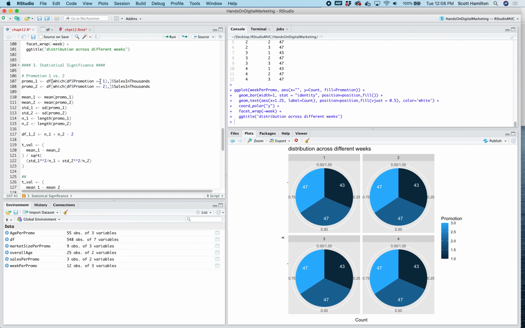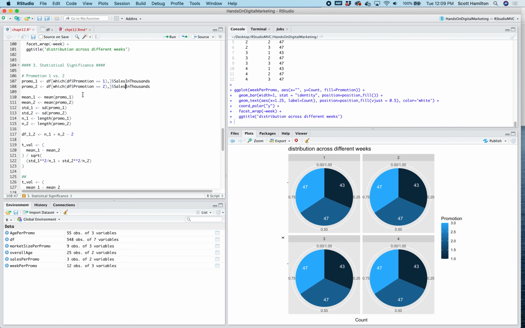Okay, so think about this as you're trying to find a specific column, but you're setting a conditional for it. So this is the conditional of which. So right here we have sales in the thousands for those that have the promotion equal to 1. And so we're calling it promo 1.